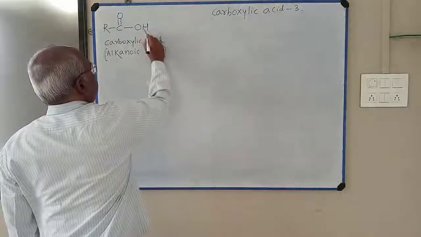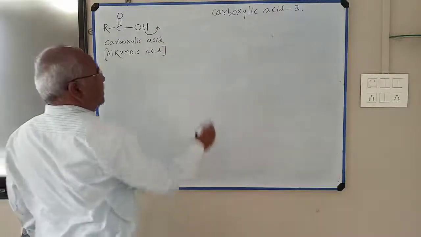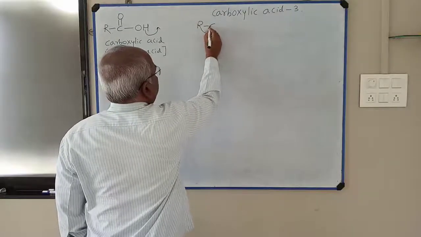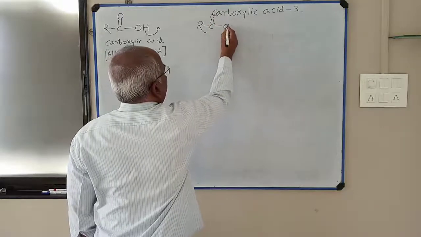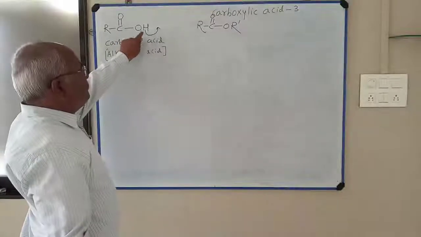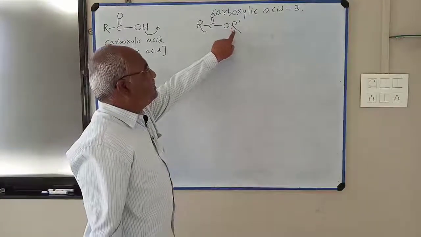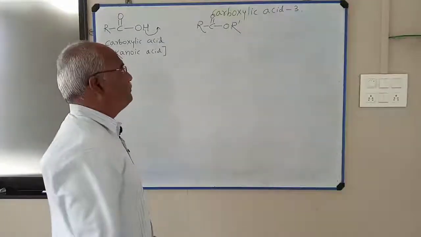Remove the hydrogen atom of this OH group and replace it by another alkyl group, R dash, so R C double bond O, O R dash. Where it may be the same or it may be different.